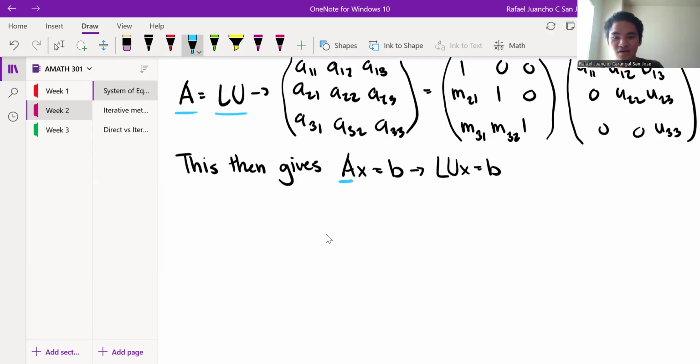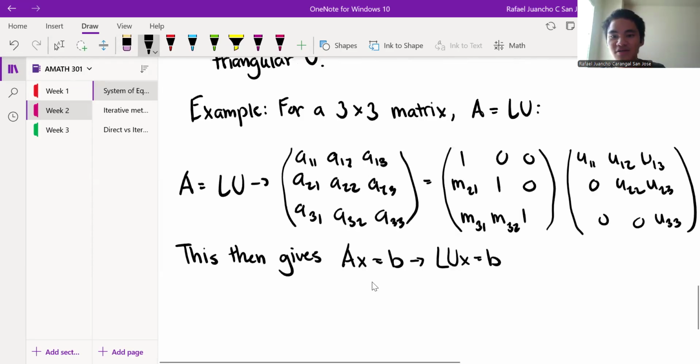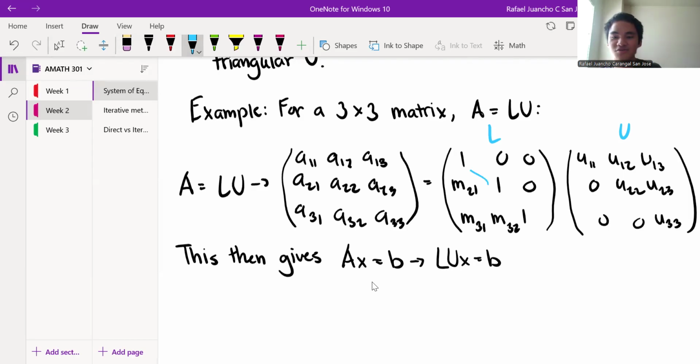I'm just replacing A with LU. As simple as that. How do I know this is a lower and this is an upper triangular matrix? The lower part has values, so it's a lower triangular matrix, and these are zeros. Same goes for upper: the upper set of the matrix has values, while its lower part doesn't, meaning it's zero. I hope that makes sense.